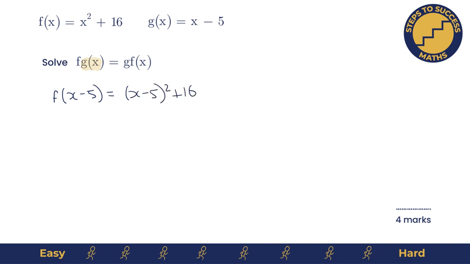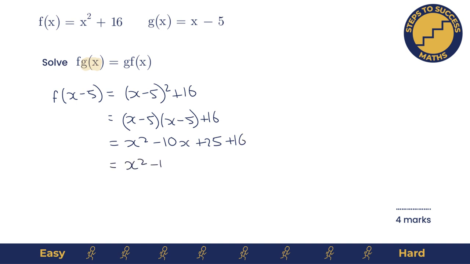So we've got x minus 5 times x minus 5 and then plus 16. So that's x squared minus 10x plus 25 plus 16. We tidy that up. x squared minus 10x plus 41.